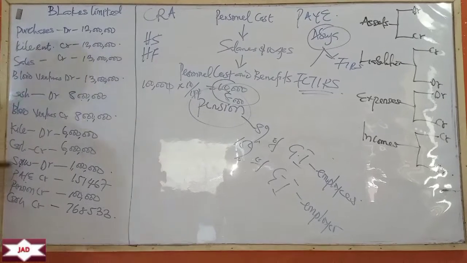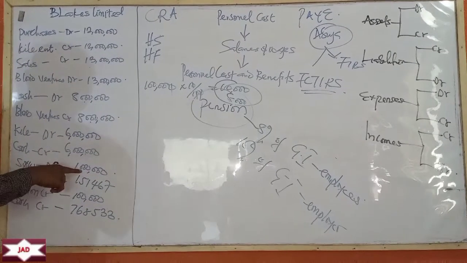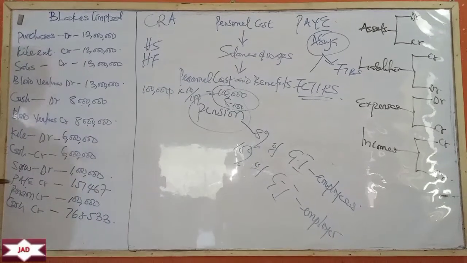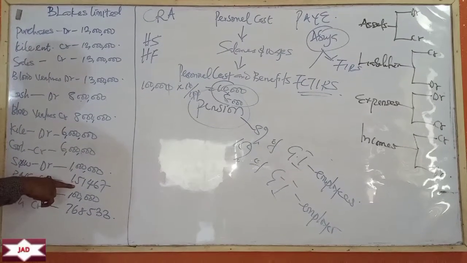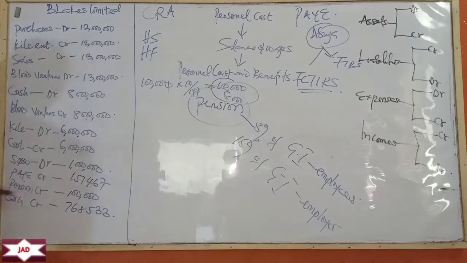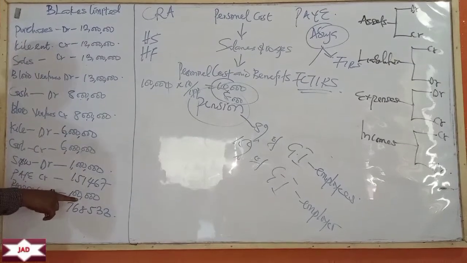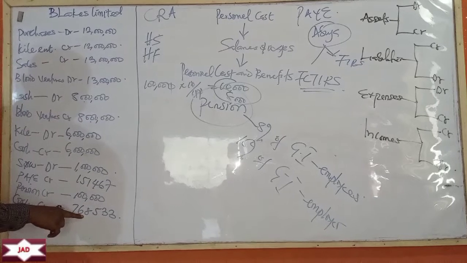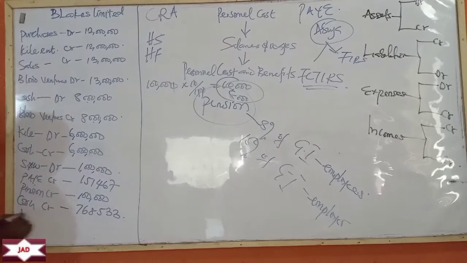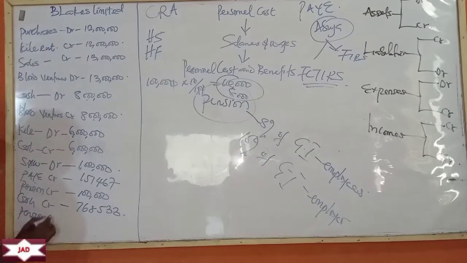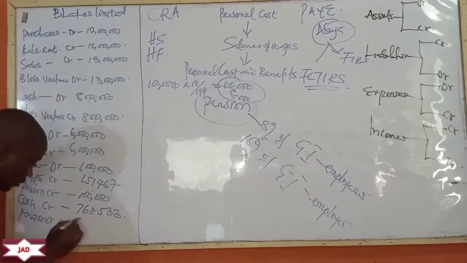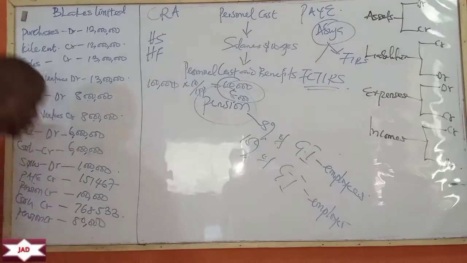Okay, so we have a debit here, 1 million. All right, and then we have pay as you earn, credit this. And then we have pension, credit this. Cash, credit this. Okay, now there's another pension, the one that the employee, 80,000, is contributing.